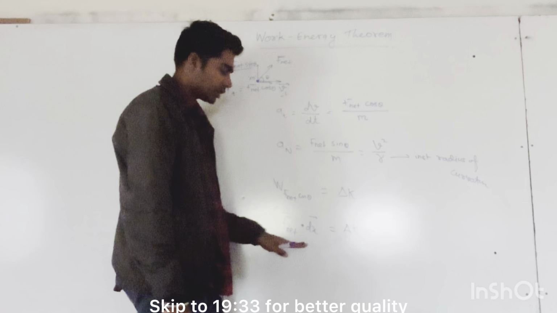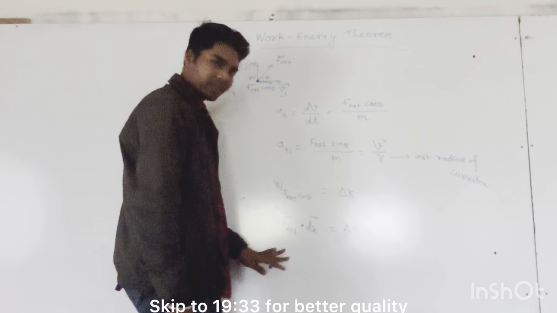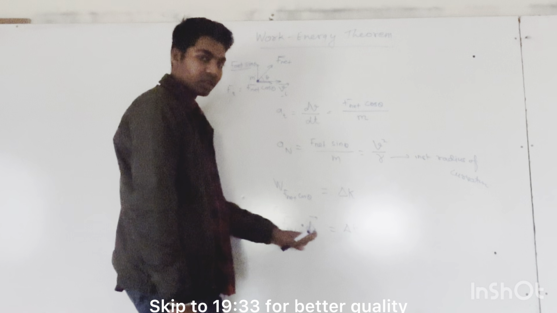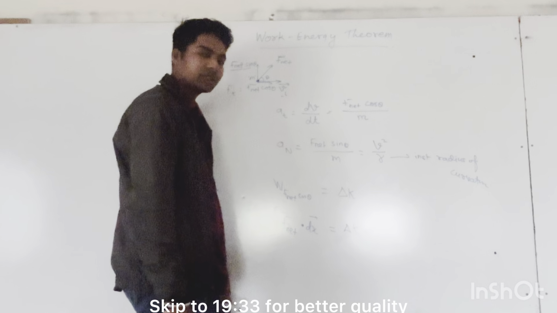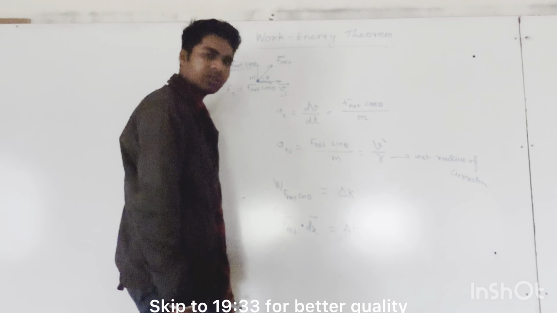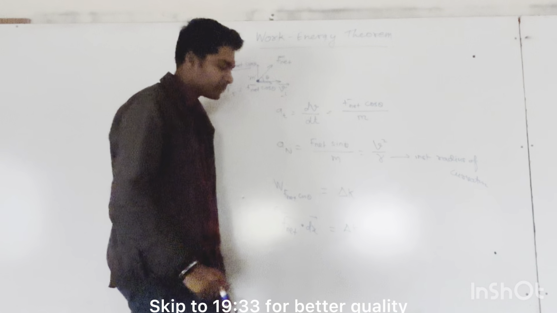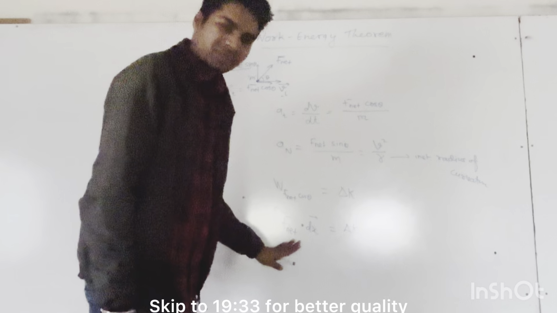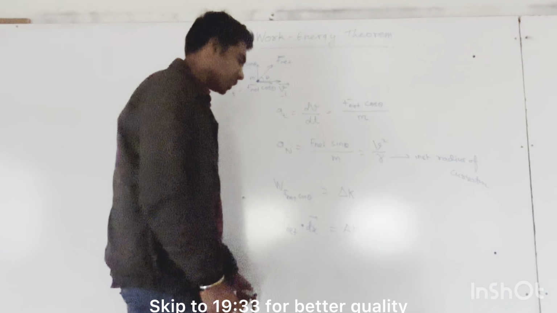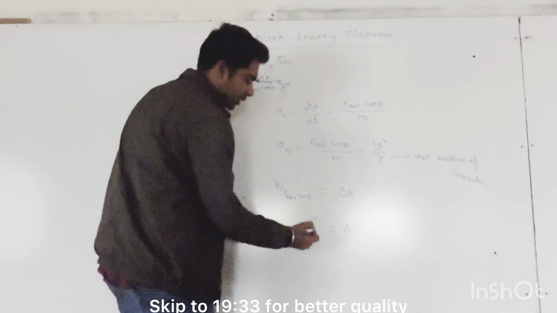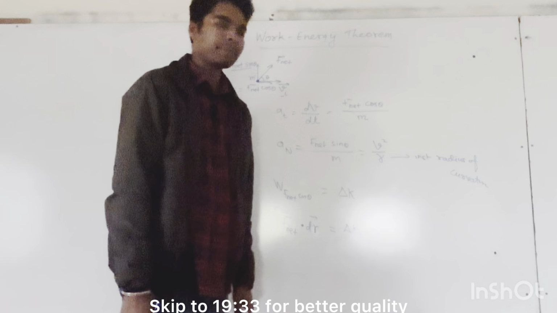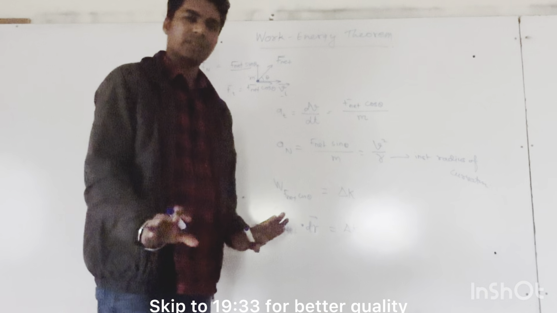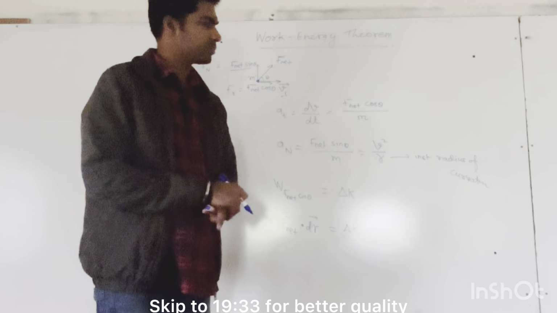This is the work done by the net force in the direction of displacement, meaning in the direction of initial velocity, that results in all the change in kinetic energy. We can derive it properly. In 3 dimensions, we write it as F net dot dr. It is a purely mathematical derivation.